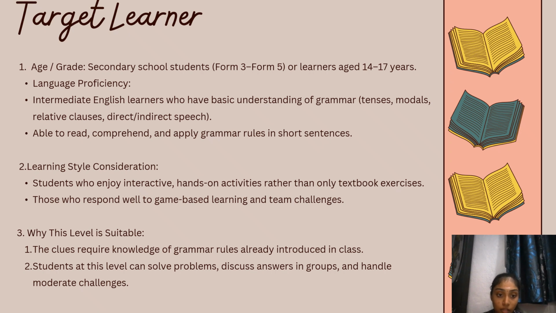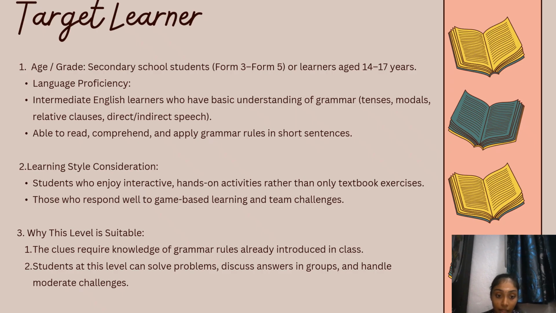Second is learning styles. Students who enjoy interactive, hands-on activities rather than only textbook exercises, and those who respond well to game-based learning and team challenges. Number 3 is why this level is suitable. The clues require knowledge of grammar rules already introduced in class.